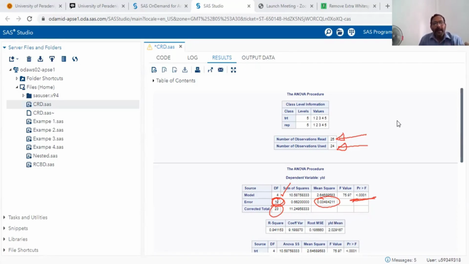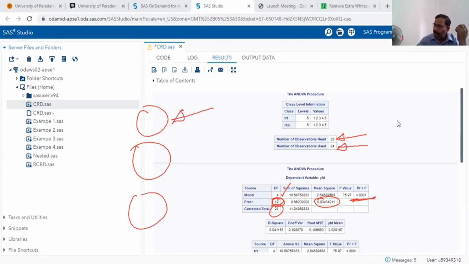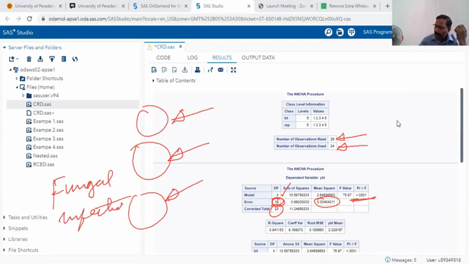Maybe in the laboratory, for example, we are doing some Petri dish studies, right? What will happen? Normally in Petri dish studies, there may be fungal infection. So if there is a fungal infection, what to do?